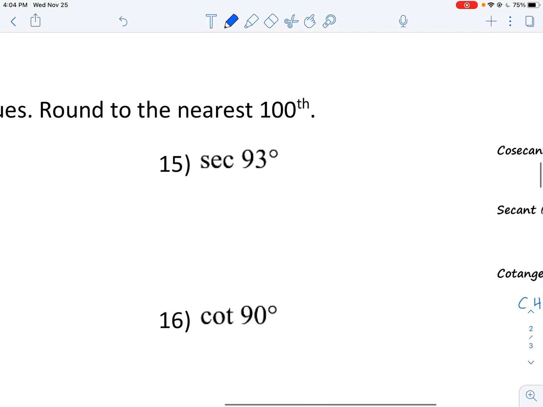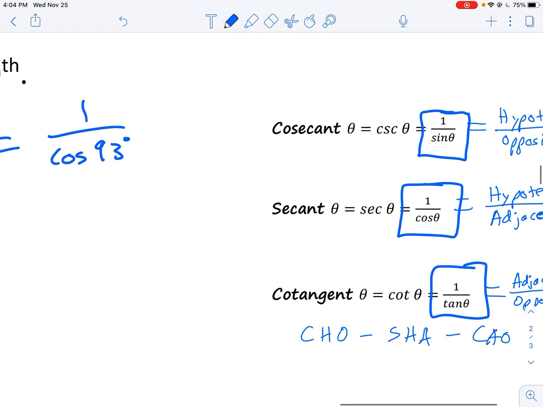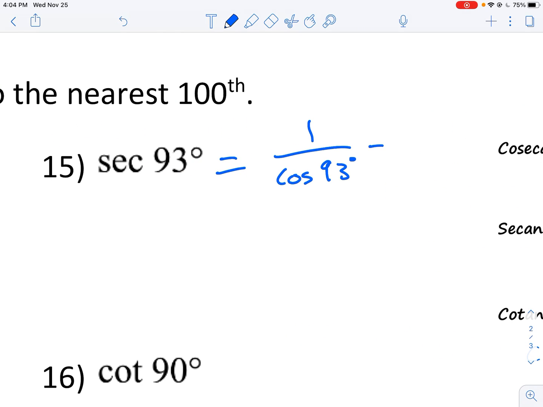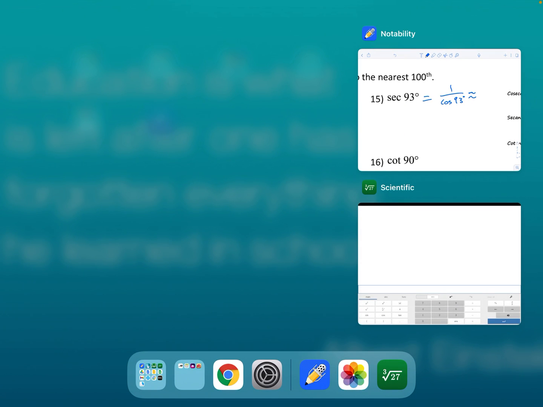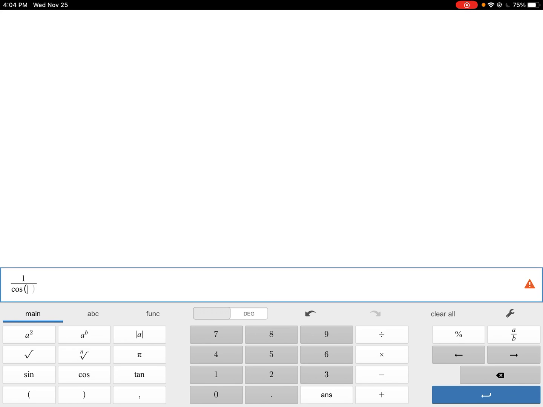So let's go to this first one. We need to do secant of 93 degrees. So we're going to do 1 over cosine of 93 degrees, because secant is 1 over cosine. And we'll put that in the calculator. We need to do 1 divided by cosine of 93 degrees.